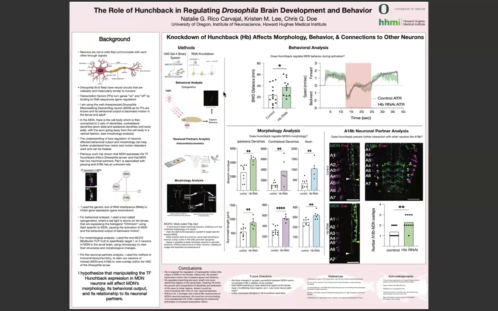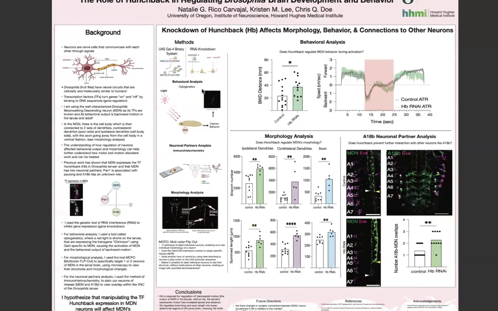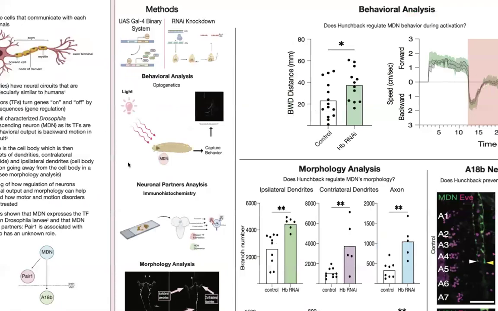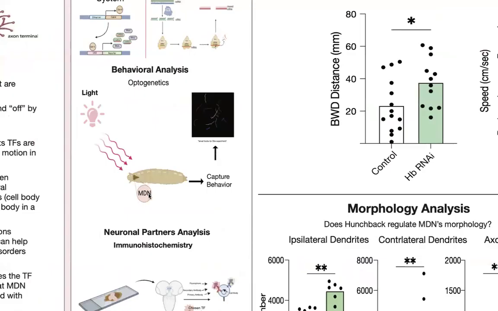So for the behavioral analysis, I used a tool called optogenetics, where a red light is shown onto the larvae, and that activates MDN.